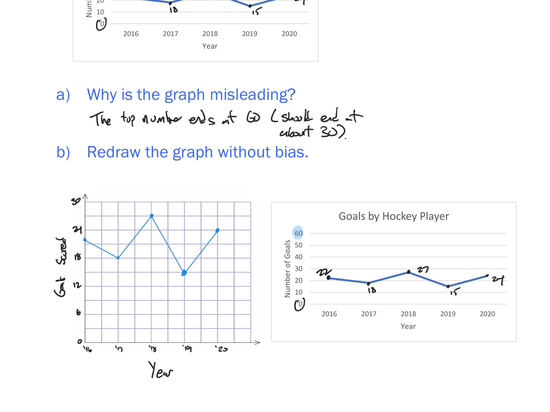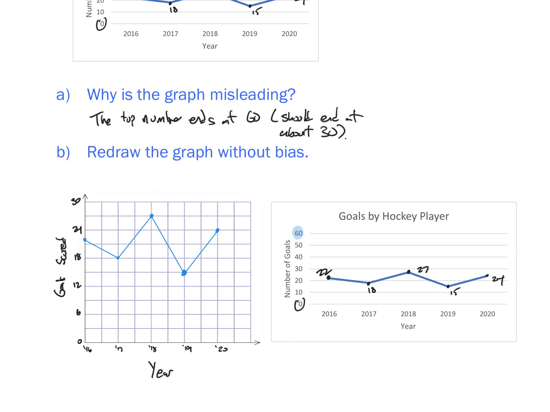But if we look at this one here, the differences between each year look much bigger. And of course, we can definitely see why the hockey player likes this graph here, because this graph paints the hockey player as being a very consistent player, and that's the point that he or she is trying to make. Yet on the graph on the left, we can see that there's fairly significant differences between the number of goals.